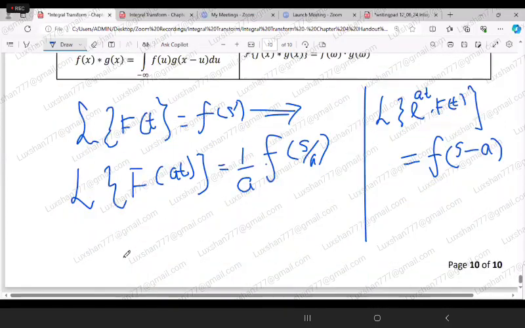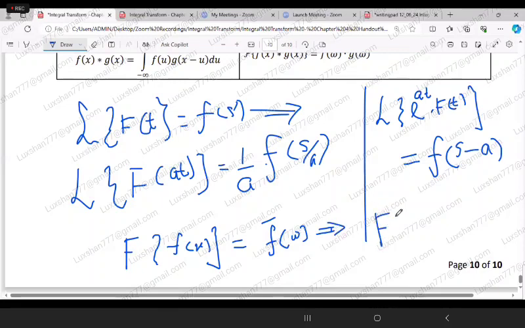It says that if the Fourier transform of a function f(x) equals f bar omega, then the Fourier transform of the nth derivative of the function, I'm writing the nth derivative in this way, equals (minus i omega) to the power n, where n is the order of derivative, times f bar omega.